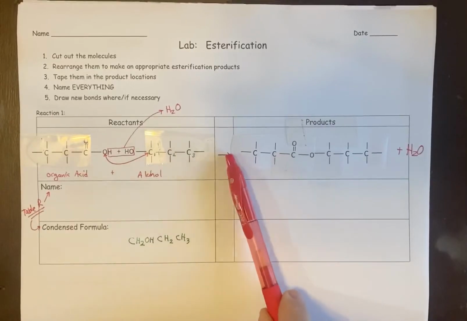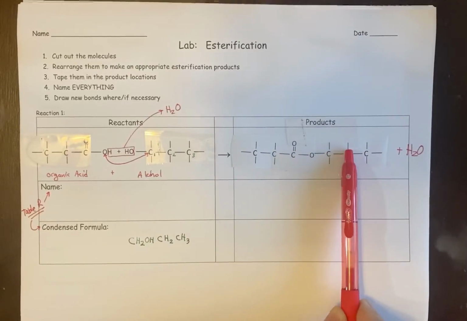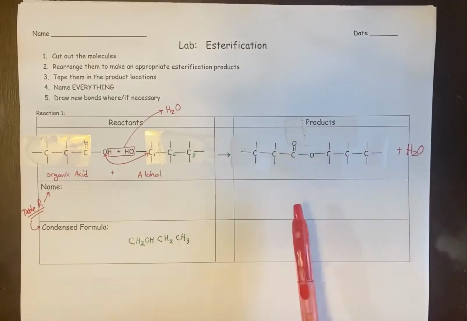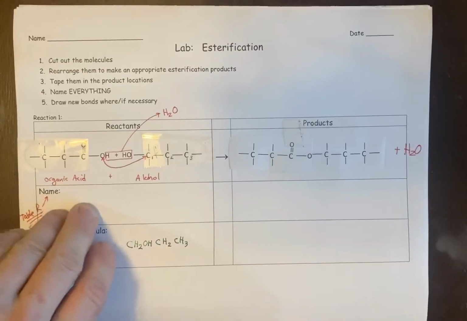Follow how they name it on table R, and name it the same way, or modify the chain lengths to make a similar name. Condense it the exact same way as on table R, and then the problem's over. Water's just called water, or you could call it dihydrogen monoxide, I don't care. That is reaction 1.